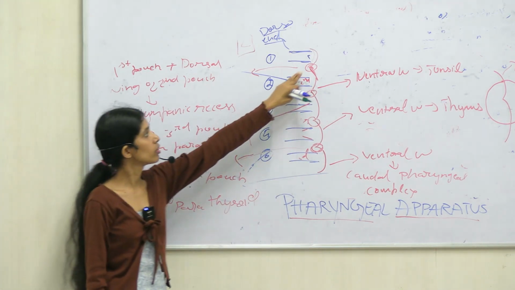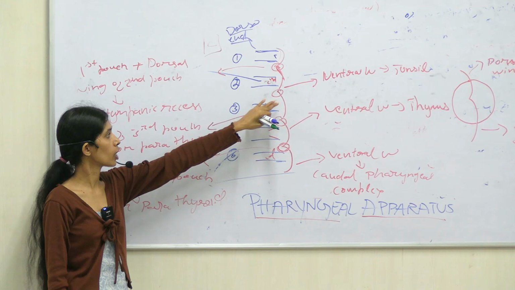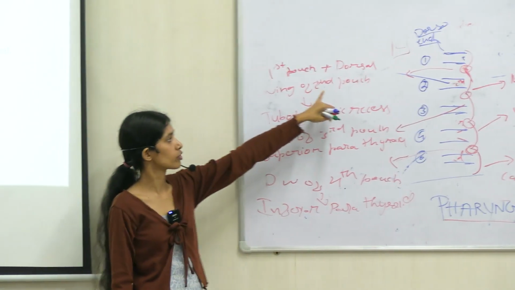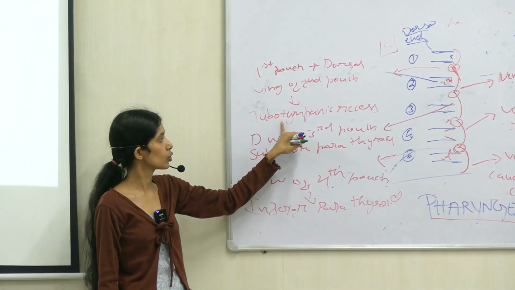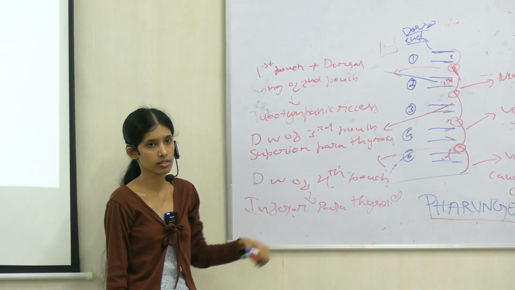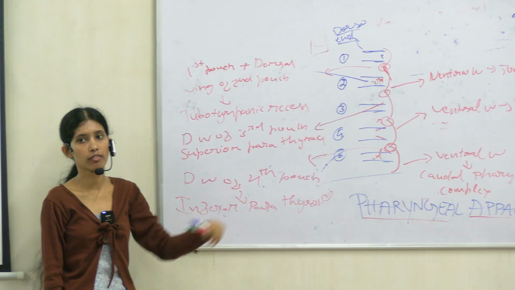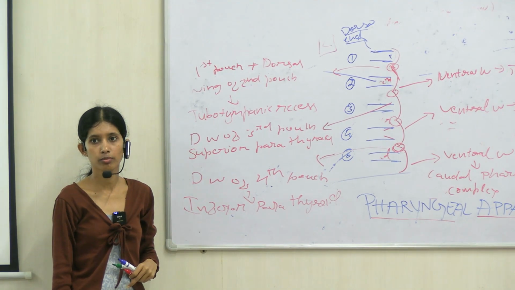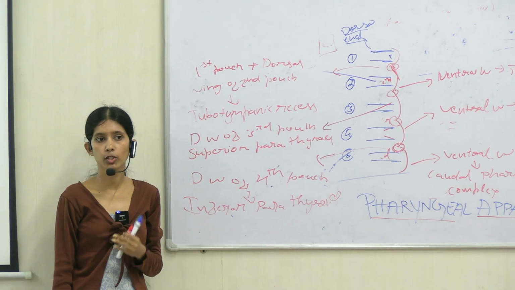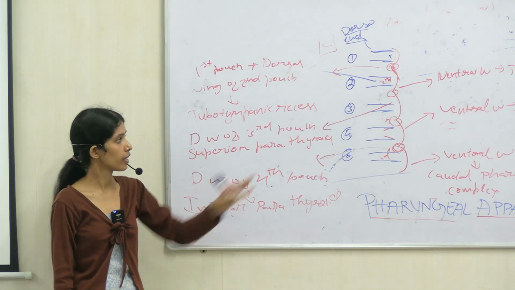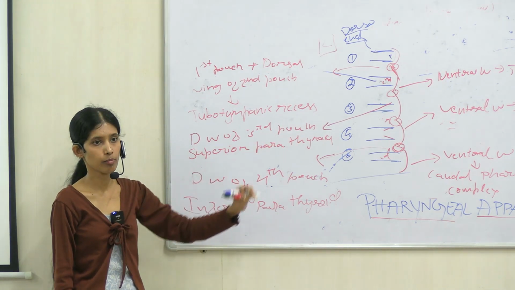So, the whole first pharyngeal pouch along with the dorsal wing of the second one give rise to tubotympanic recess, and the ventral wing of second pharyngeal pouch give rise to your tonsil. It is also mentioned like tonsillar cleft part. Right now remember tonsil.